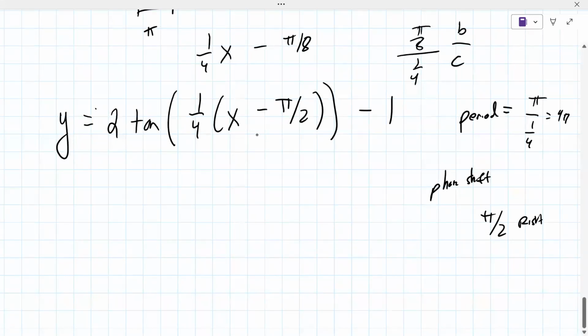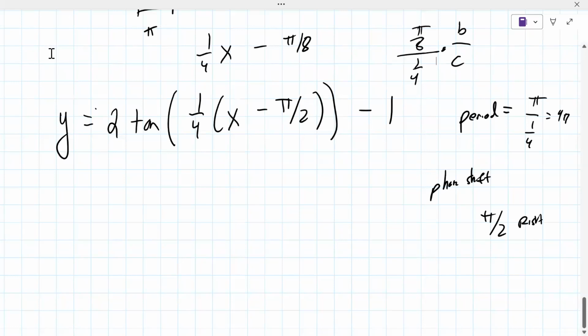It's the c over b, which doesn't make any sense. It's just weird. So I recommend factoring it out and then just reading the number. Is that okay?